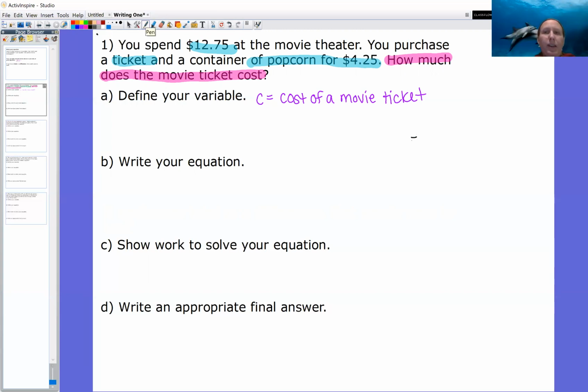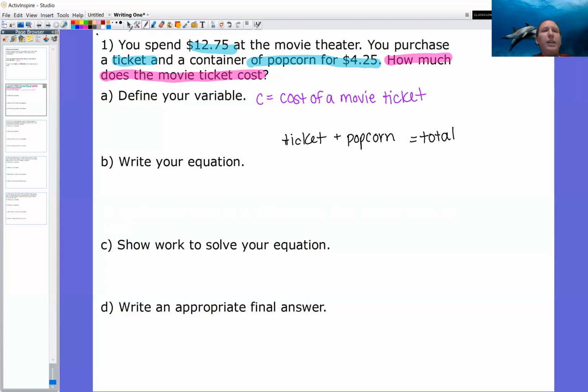Let's put that on one side. And that total is going to come from the ticket and the cost of the popcorn. So that's a good verbal model of what's going on in this question. The cost of the ticket plus the cost of the popcorn is going to be your total.